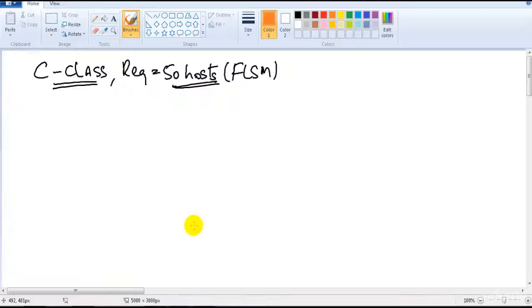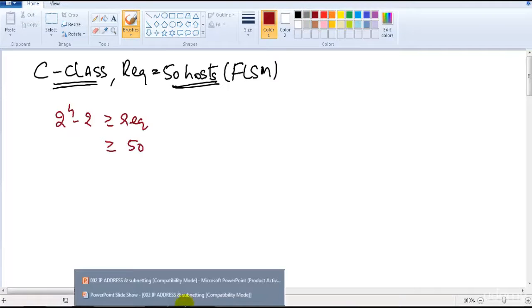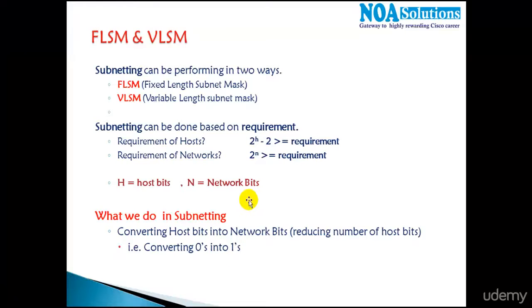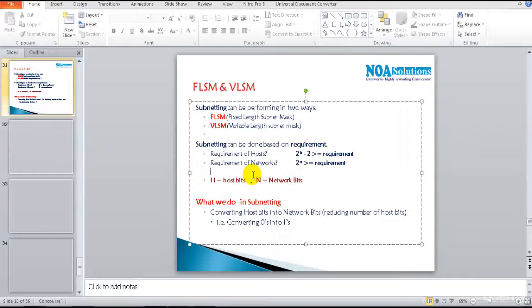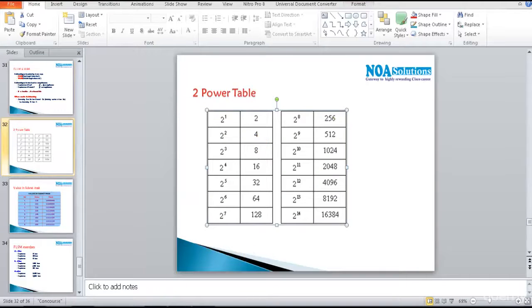This formula will help us in finding out how many bits we need to convert. So the formula here is 2 to the power of h minus 2 greater than or equal to requirement. Here the requirement is 50, so I need to consider the 2 power table. This is my 2 power table here.